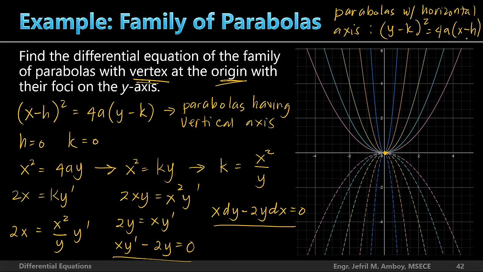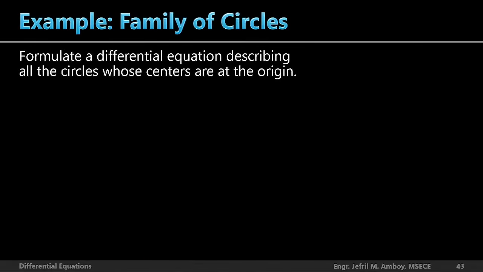Yan naman ang gagamitin mo if ever ang given parabola ay horizontal ang axis. Tapos, kapag may given vertex, papalitan mo lang yung h at saka k. And kagaya nung ginawa ko kanina, tanggalin mo na yung 4a, gawin mo na lang siyang isang constant, k na lang yung gamitin mo para mas simple. Okay? Sige. Punta na tayo sa third problem.